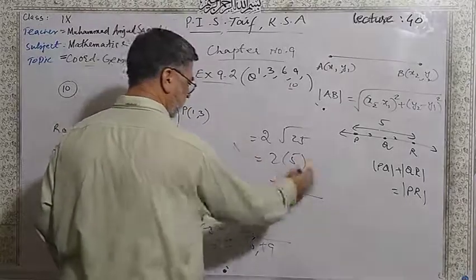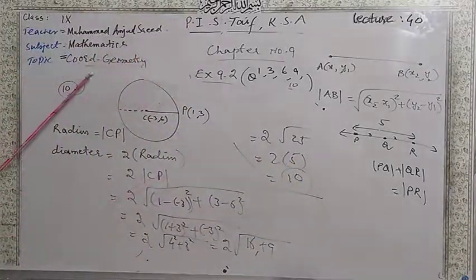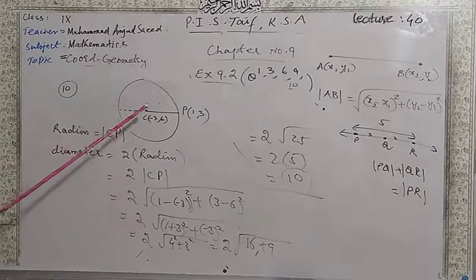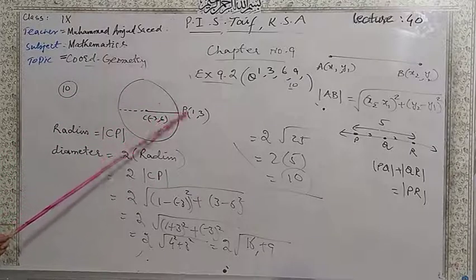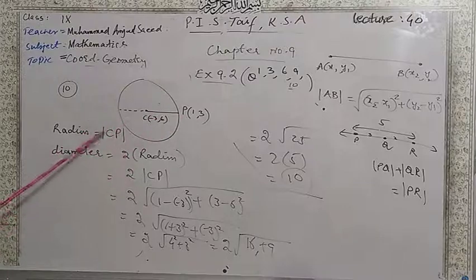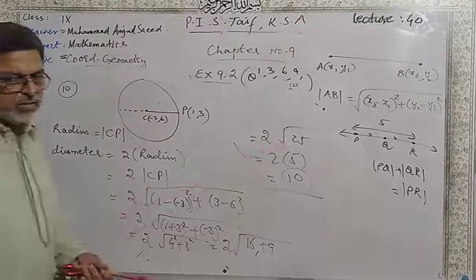This is your answer. The diameter of the circle whose center is (-3, 6) and a point on the circle is (1, 3) is double the radius, equal to 10 centimeters.